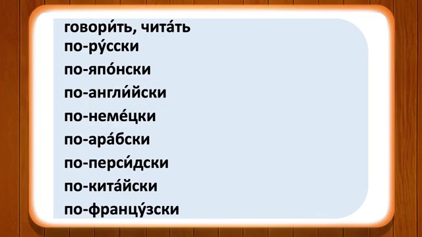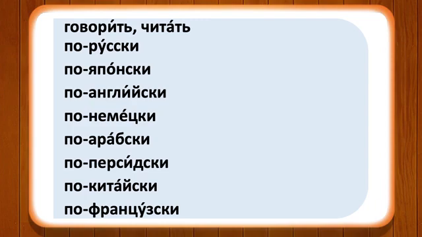По-японски means in Japanese. По-испански means in Spanish. По-английски means in English. По-немецки means in German. По-арабски means in Arabic. По-персидски means in Persian. По-китайски means in Chinese. По-французски means in French.